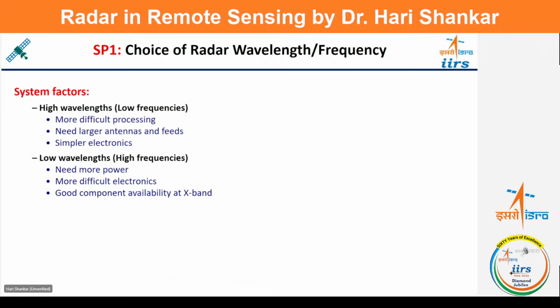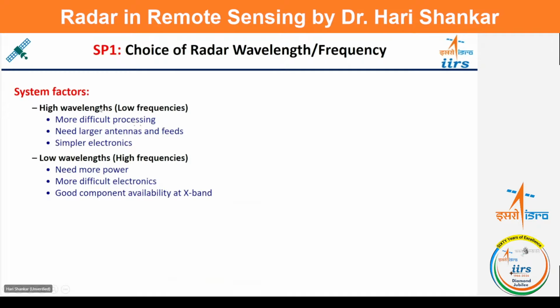So how can we choose the suitable wavelength for particular applications? You can consider these points. For higher wavelengths, processing is more difficult. High wavelength means the swath is high, and the pixel size is also high, and you need a larger antenna and feeds.